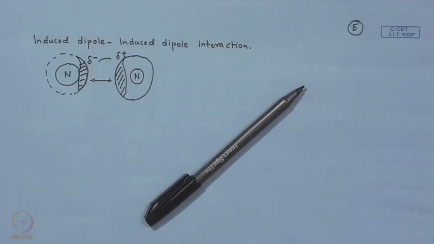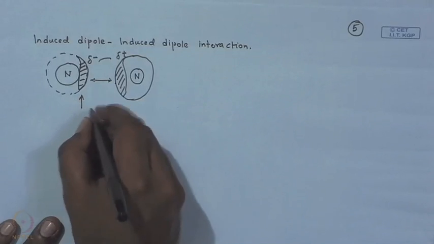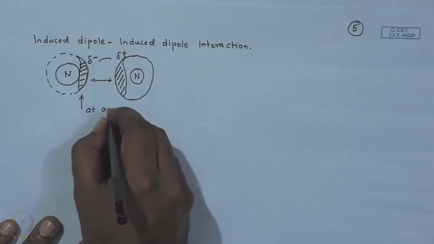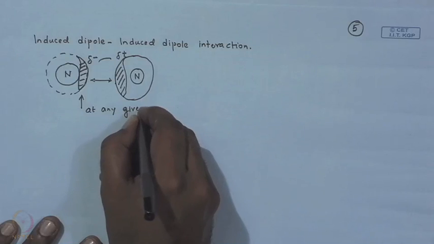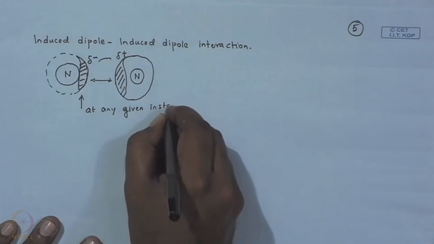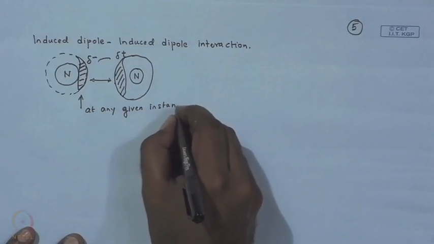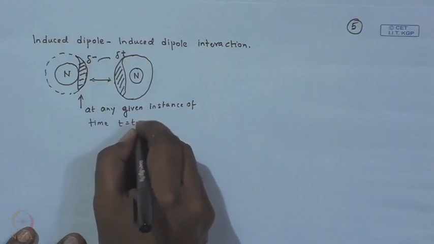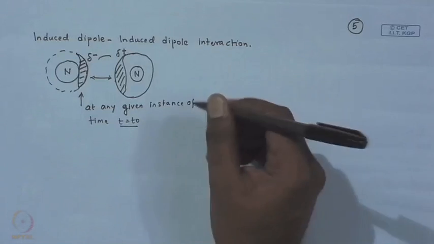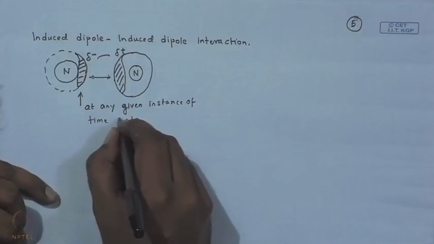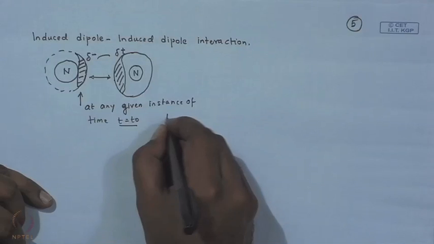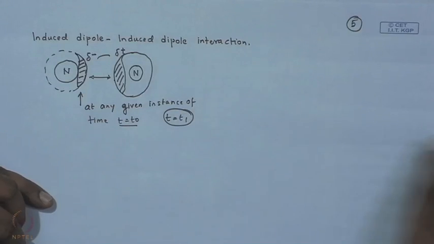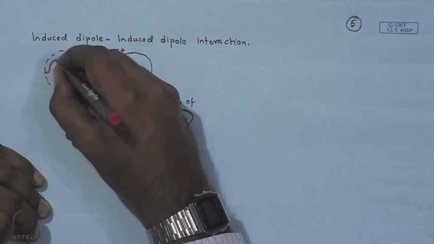But this attraction does not result in any permanent attraction or bonding, because this charge localization is valid only at any given instance of time, t equal to t 0, and the very next moment, at t equal to t 1, the position of the charge localization changes.